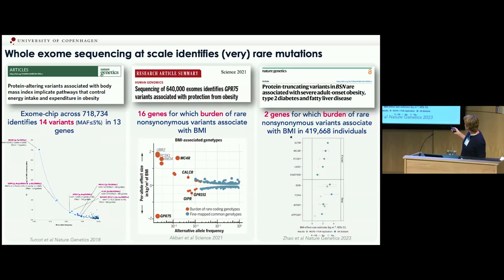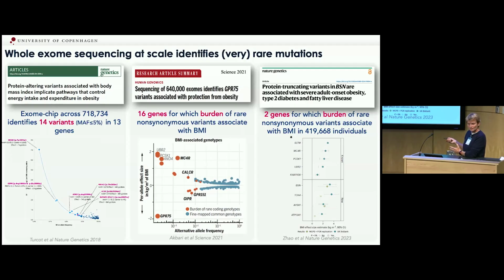And then there's a recent paper by the Cambridge group combining data of 400,000 individuals, and their paper mostly focused on BSN, bassoon. This is just to say that this seems an efficient way to go from variant to function within the obesity field, but you still need a lot of data for a few targets. So maybe the problem is not so much with the amount of data.